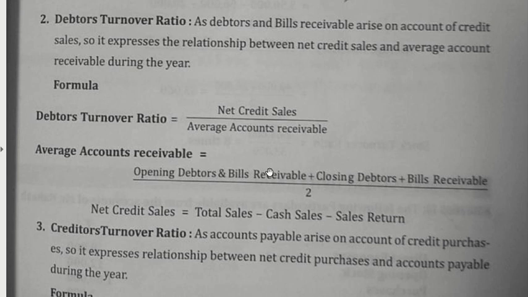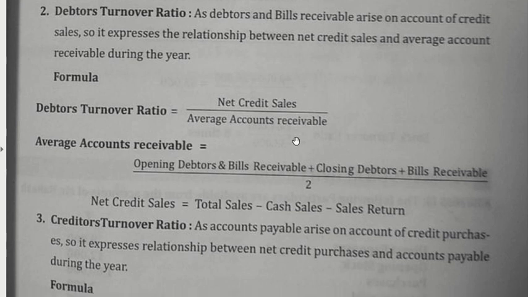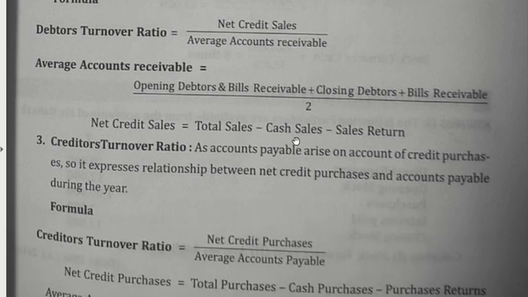Next ratio is your debtors turnover ratio. So your debtors turnover ratio formula is going to show the turnover of debtors and bills receivable with reference to net credit sales that are happening. So debtors are directly related to your sales, so you'll show the relationship between both of them. So your formula is net credit sales divided by average accounts receivable.